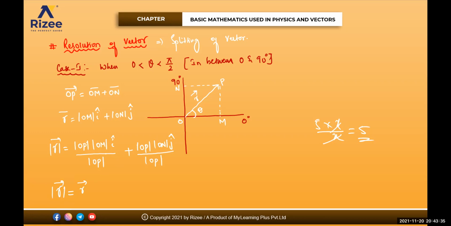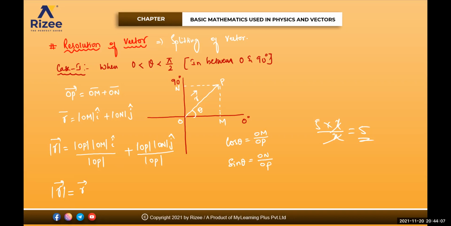In terms of trigonometry, cos theta is how much from the figure you see? Cos theta will be equal to OM divided by OP. Sin theta will be equal to how much from the figure? ON divided by OP.